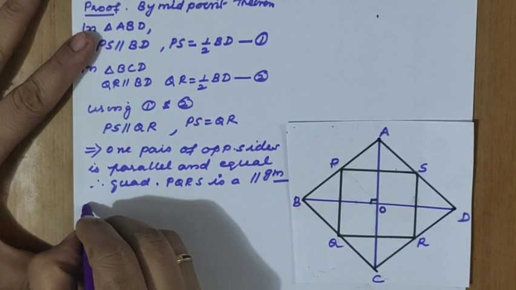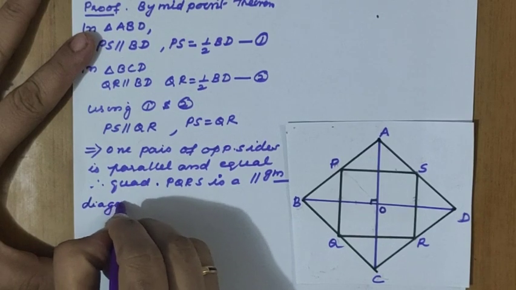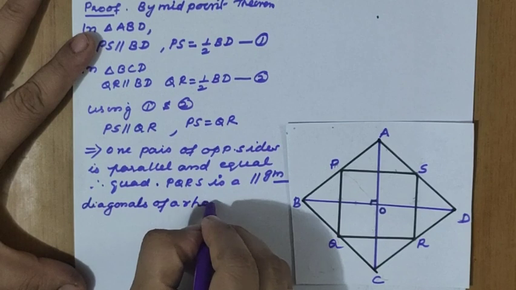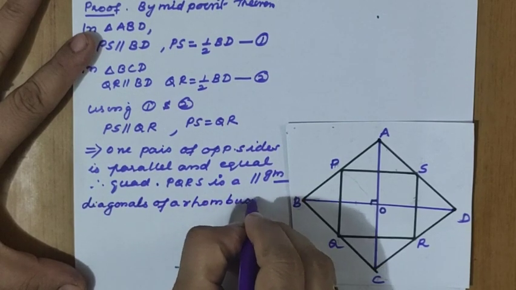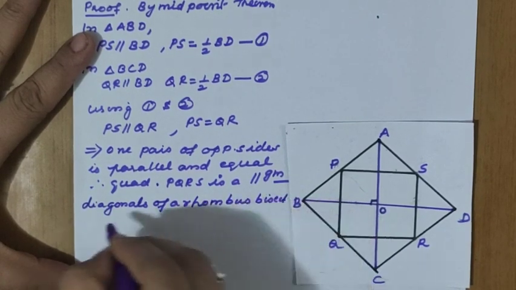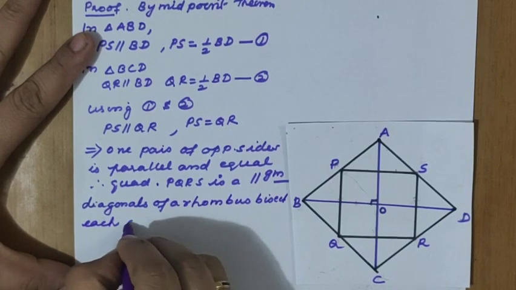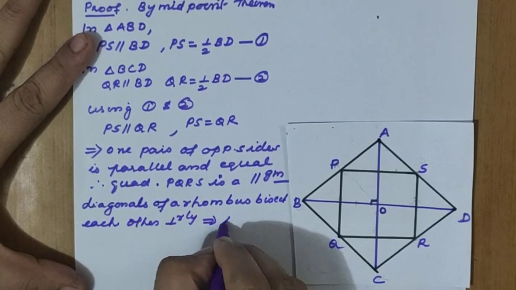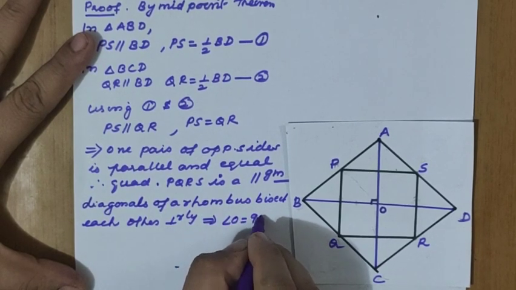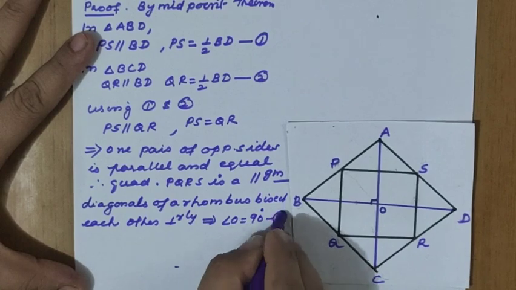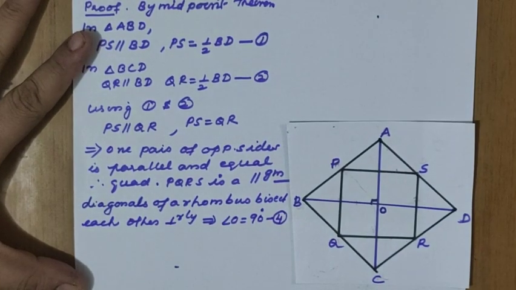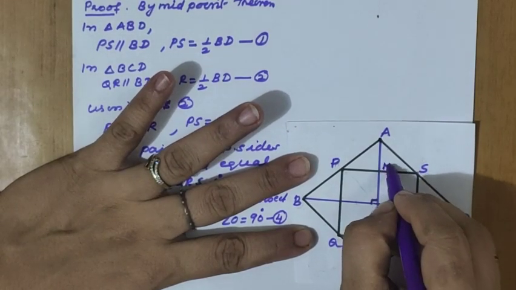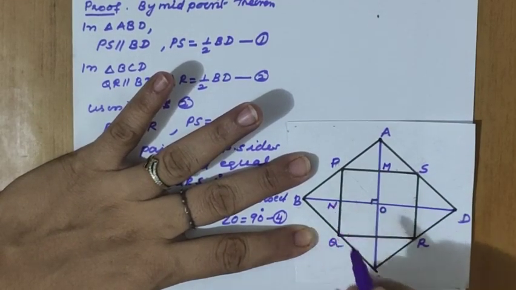Now we write: diagonals of a rhombus bisect each other perpendicularly, implies angle O equals 90 degrees. Equation number 4. Now we have to take the small part of this one. Here I'll mark M and here I'll mark N.